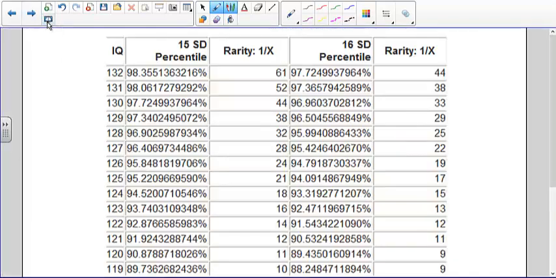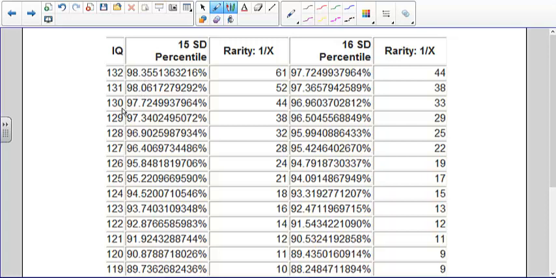And this gives you an idea. This is using that particular bell curve, and it says that with a standard deviation of 15 and an average of 100, if you have an IQ of 132, you're in the 94th percentile. And what that means is that you have an IQ greater than 98.4% of the people.